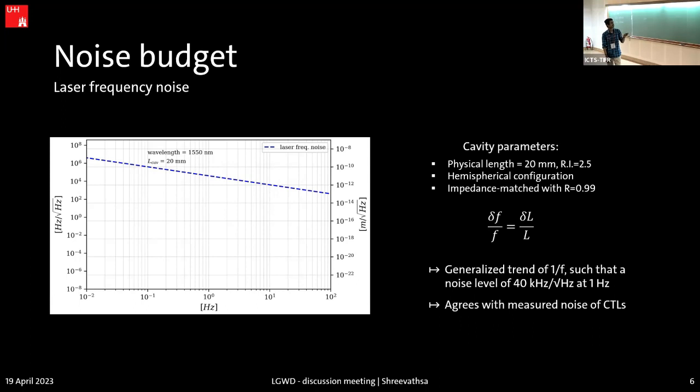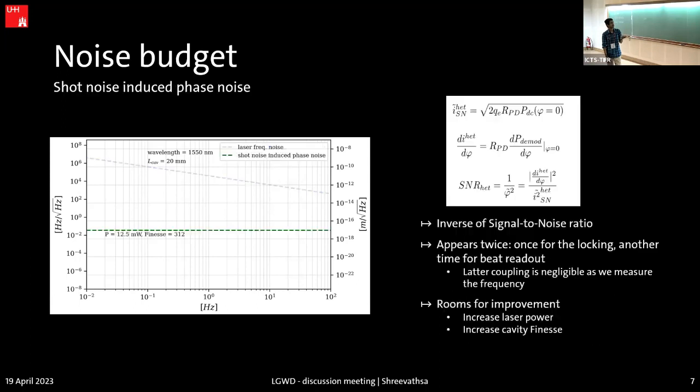So we have initially this 1/f frequency noise. Then comes the shot noise. Many times we hear that just to suppress the shot noise, just increase the laser power. This is kind of confusing because shot noise by itself actually scales with the power of the laser.